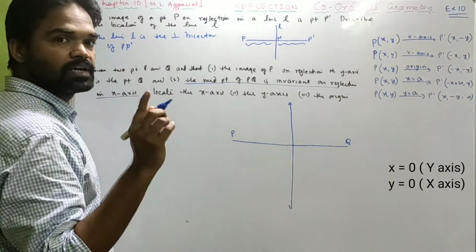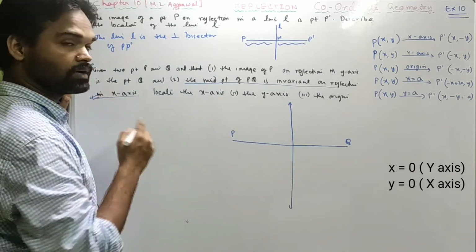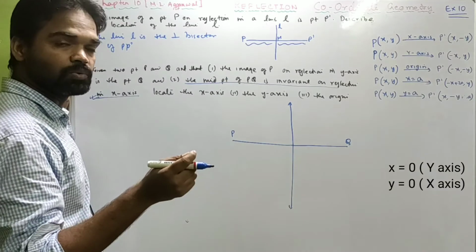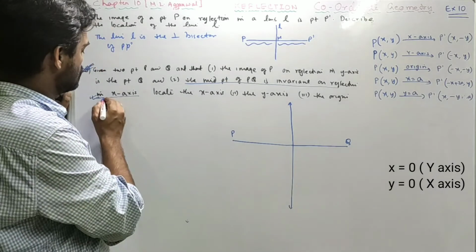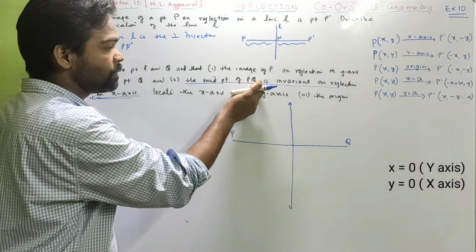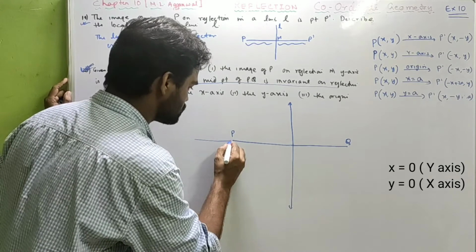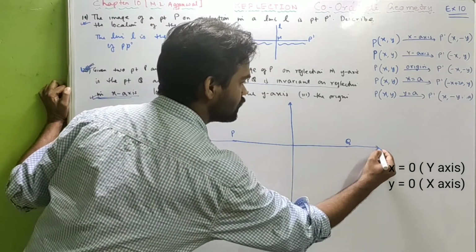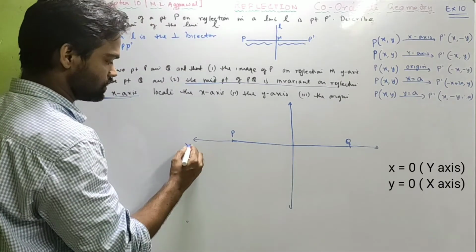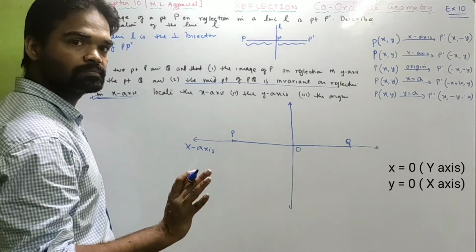Invariant means the coordinate does not change. The coordinate of the midpoint of PQ does not change when reflected in the x-axis, which means the midpoint of PQ lies on the x-axis. So this was PQ and this is the x-axis, and the midpoint has to be over here.